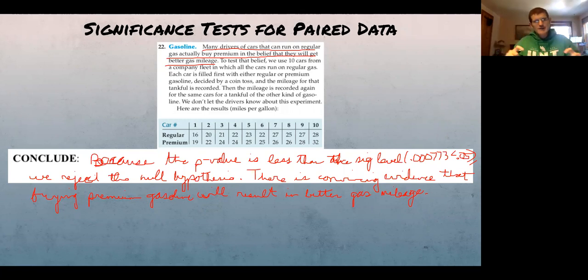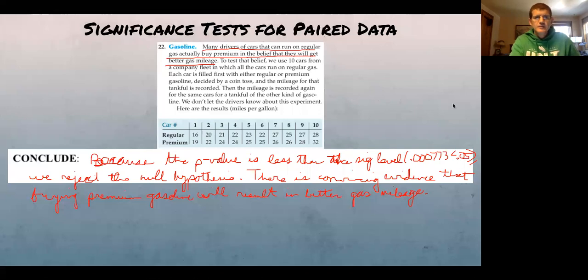You had to write 20 sentences. I thought, oh gosh, it's very redundant. Because the p-value is blah, blah, blah, that means that blah, blah, blah. You just have to say that over and over again. But it's just good statistical practice, even if it gets redundant.